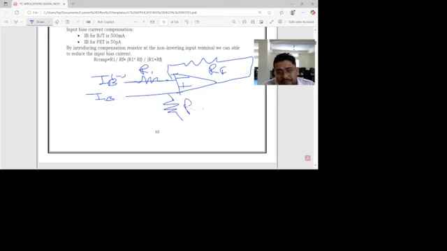If this is the compensated resistance, then R compensated equals R1 parallel RF. That is, the compensation resistance is nothing but the input resistance R1 in parallel with the feedback resistance RF.